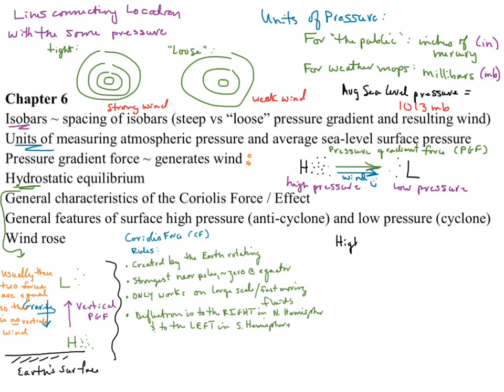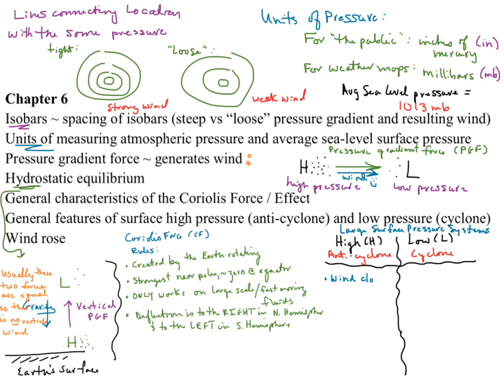And the last one is to compare those surface high and surface low pressures. We call those anticyclones and cyclones respectively. Around a high, an anticyclone, wind will go clockwise. Around a low, called a cyclone, wind will go counterclockwise.